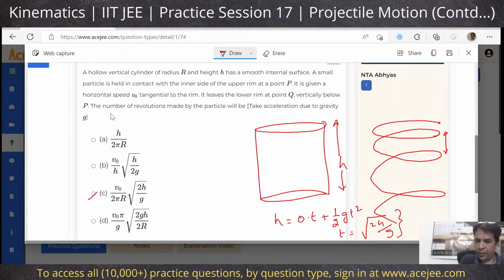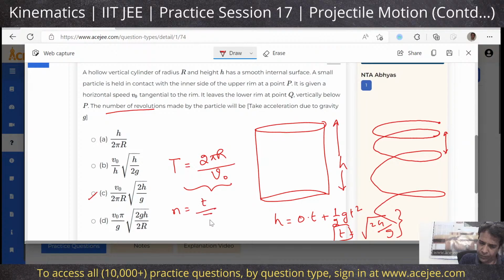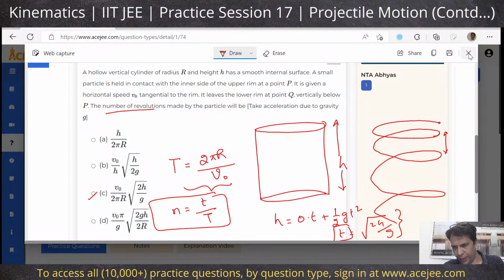Well, we know the time period for one revolution is 2 pi r, the circumference, divided by the speed v0. So this is for one revolution. This is the total time. If you divide the two, you'll get your number of revolutions.